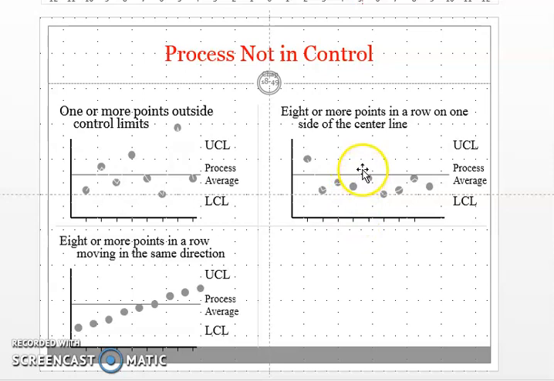When we see this type of chart, we can conclude that the causes of shift may be a change in the material, a change in the operator, inspector or inspection equipment, a change in the machine setting, a new operator or carelessness of the operator, or a loose fixture.